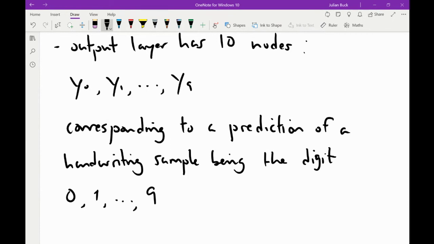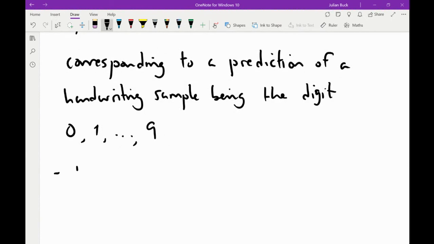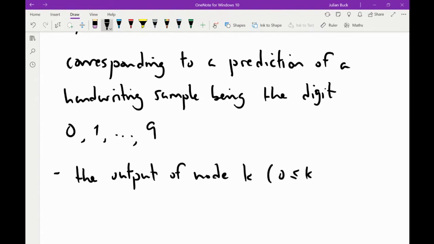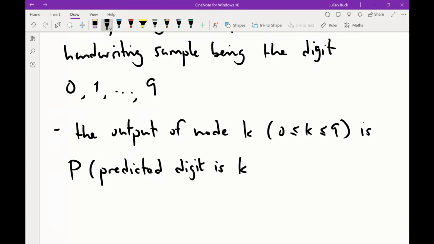And then the output of node k, for k between 0 and 9, is the probability that the predicted digit for that piece of handwriting is k.